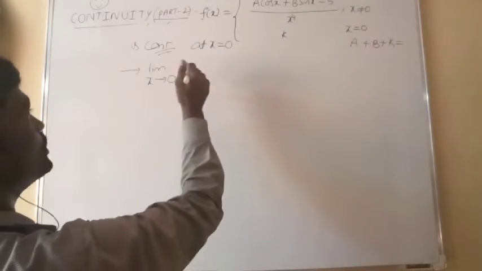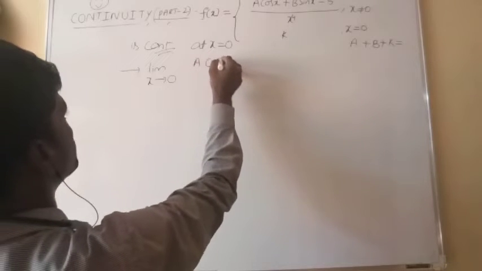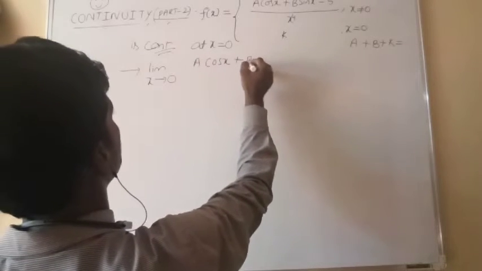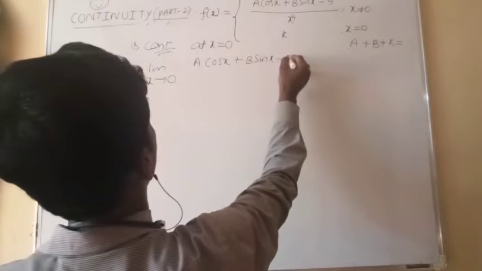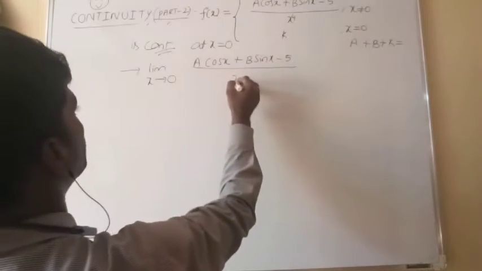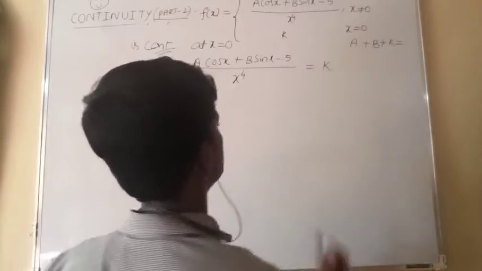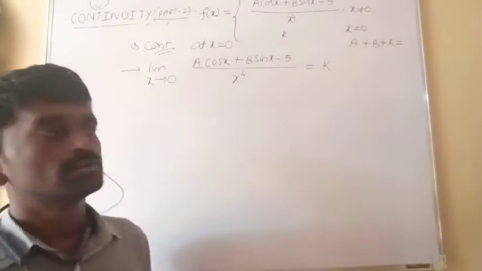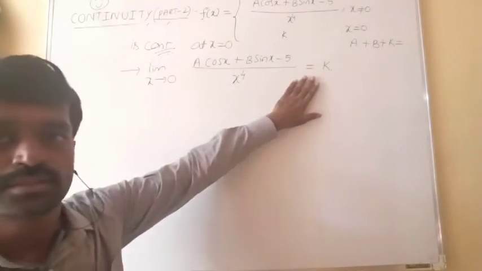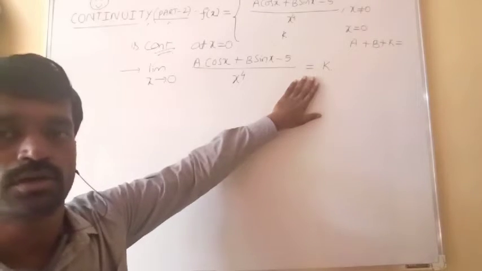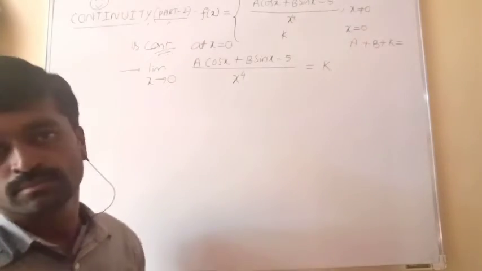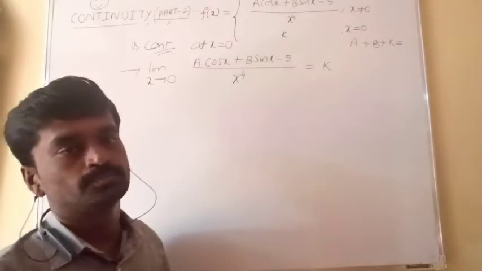So limit as x tends to 0, f of x means a cos x plus b sin x minus 5 divided by x power 4, equal to the value of the function k. Till this step we are applying the continuity concept. Now here onwards it is the limits concept only.